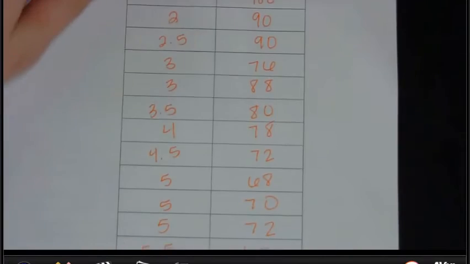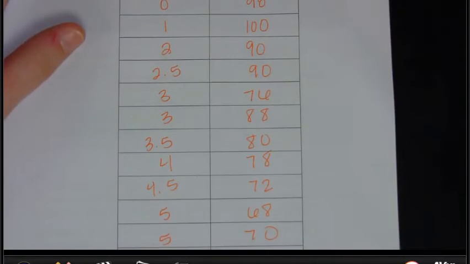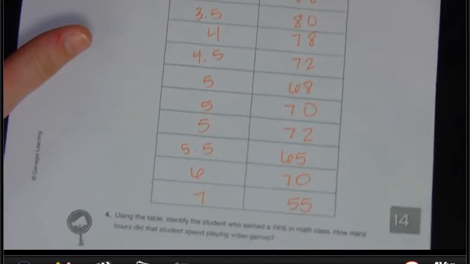Okay. All right. Zoom out so you guys can see. So here's 0 through 5, and then 5 through 7.